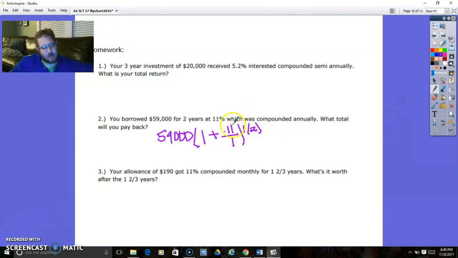Now, I didn't have to use the compound growth equation this time. Since it's compounded annually, that's really not compounded at all. That's just once per year. So I could have just used the regular growth, just 1 plus the rate to the power of x, because dividing by 1 and multiplying this by 1 doesn't change anything. So that's still 1.11 to the power of how many years?